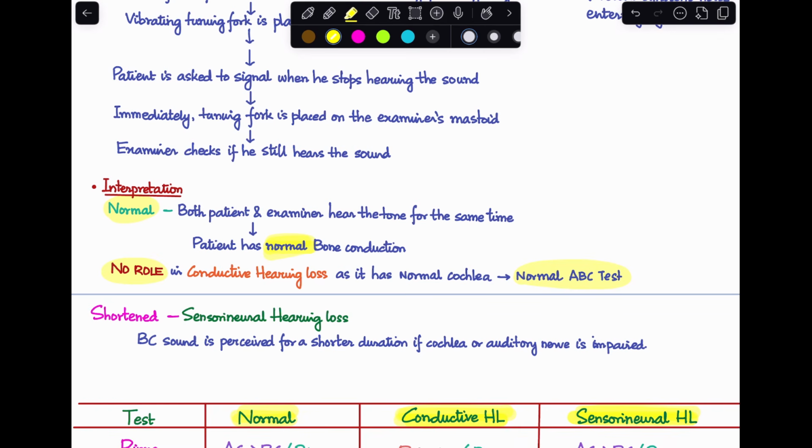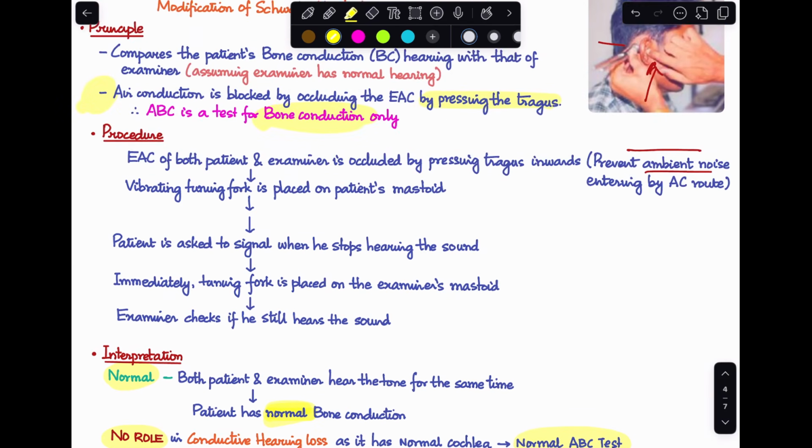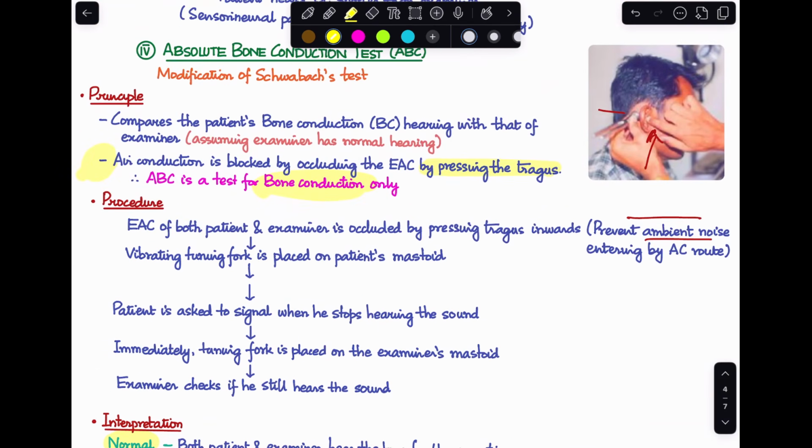In case of sensory neural hearing loss, we'll see a shortened duration, where the bone conduction sound will be perceived for a shorter duration in the patient, and the examiner is able to hear it for longer. This will happen if there is any damage to the cochlea or the auditory nerve. So, this is about the absolute bone conduction test.